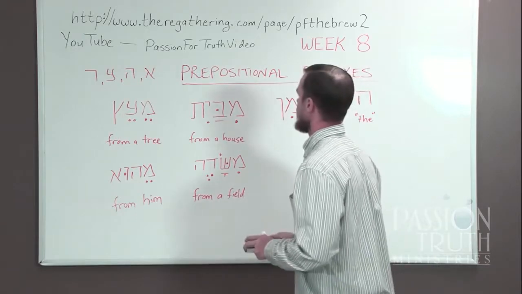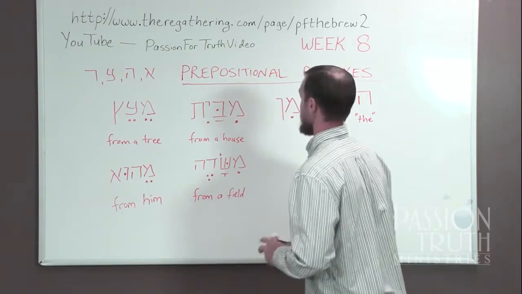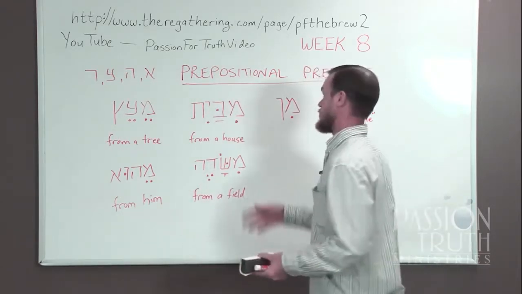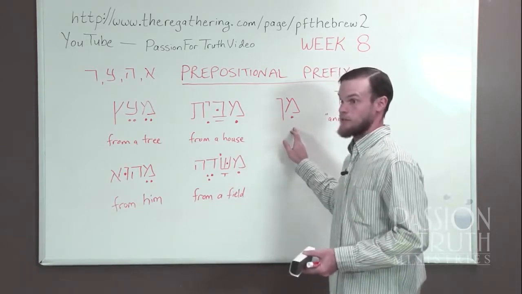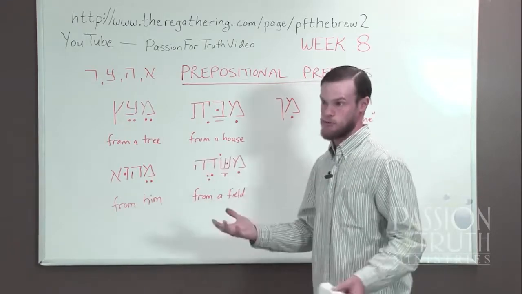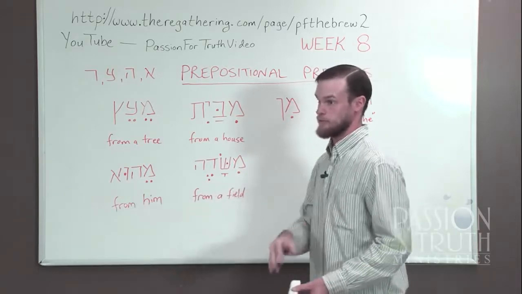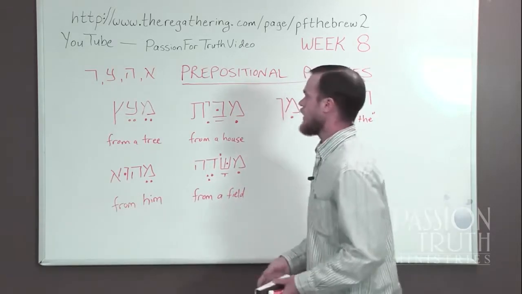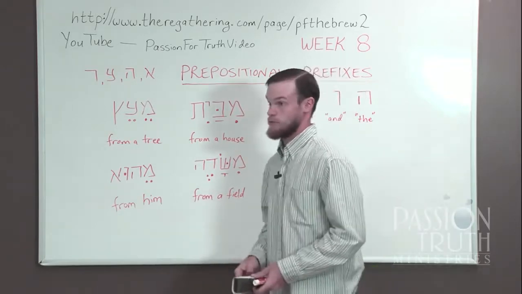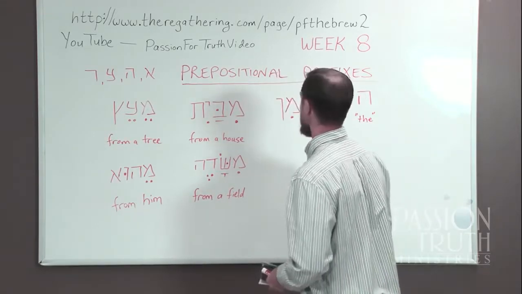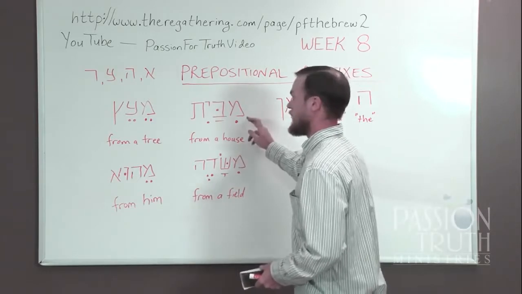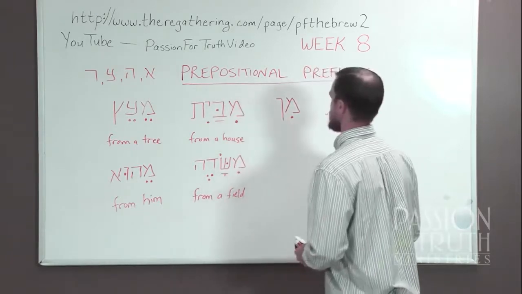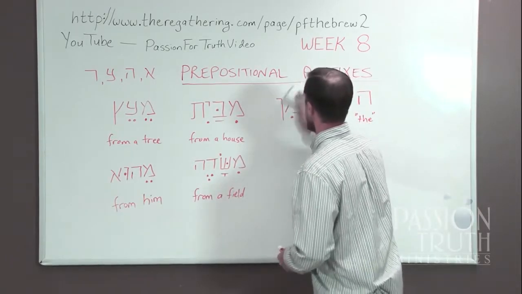Yes, one option, of course, is when you do have a separate preposition that means the exact same thing, you could just separate out all the prepositions and state each one individually, or have a separate preposition followed by a prefix. But you can, in fact, combine the prefixes. So in the case of the mem, it's pretty straightforward how that's done.